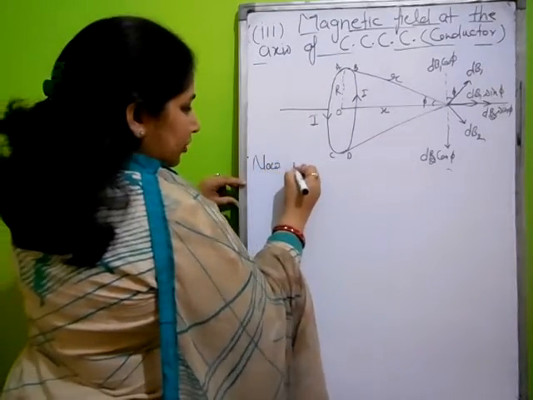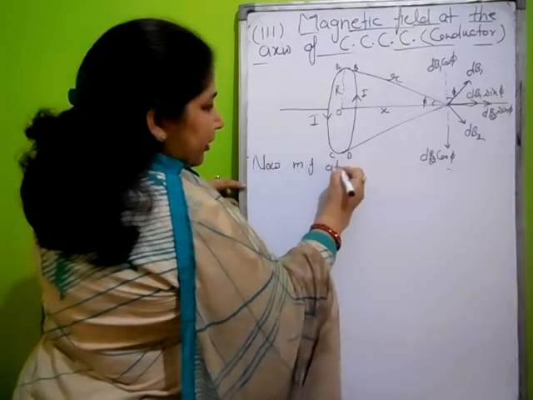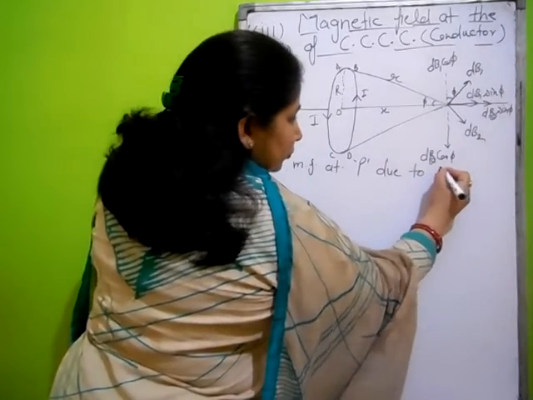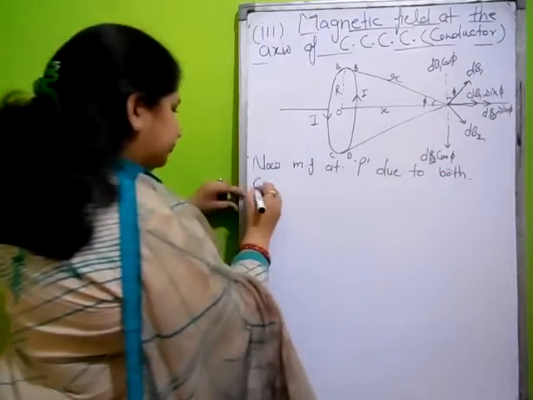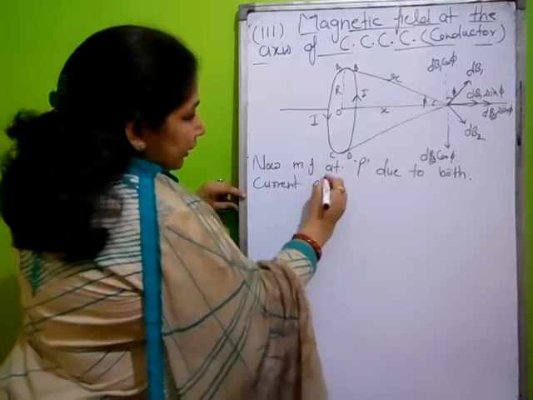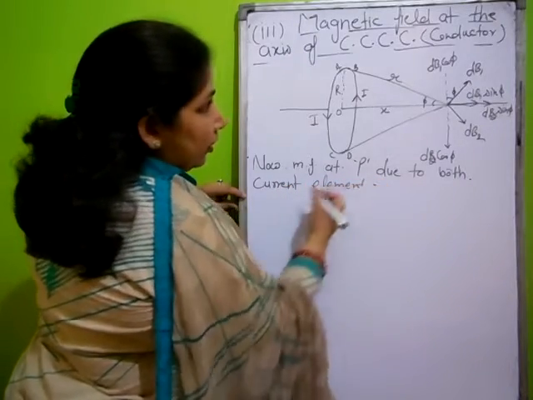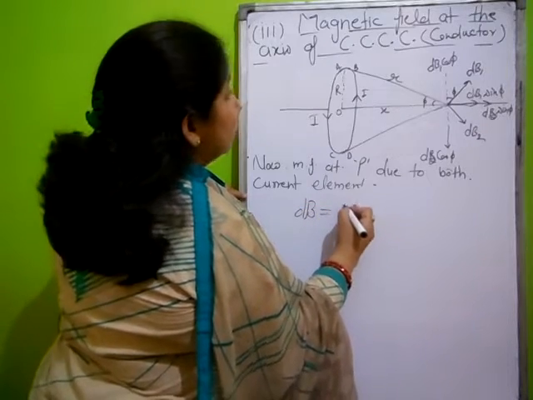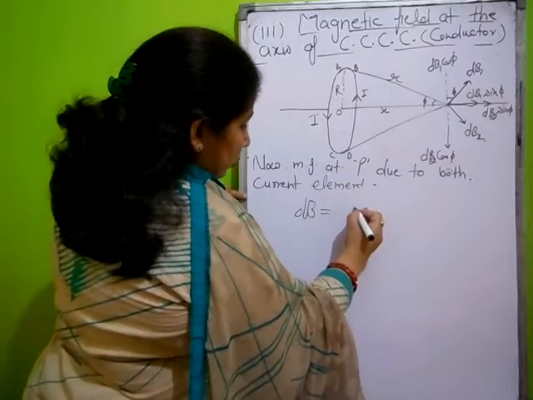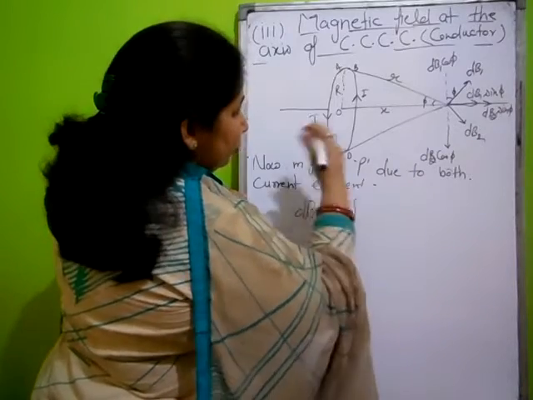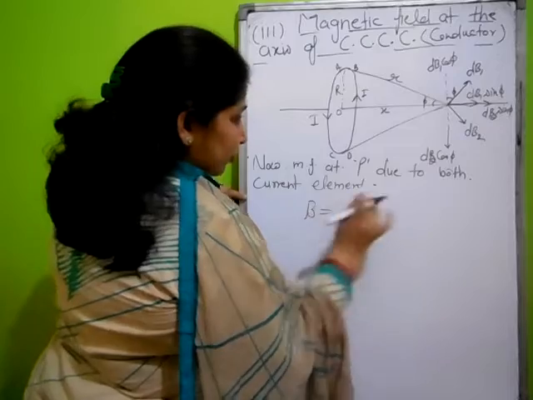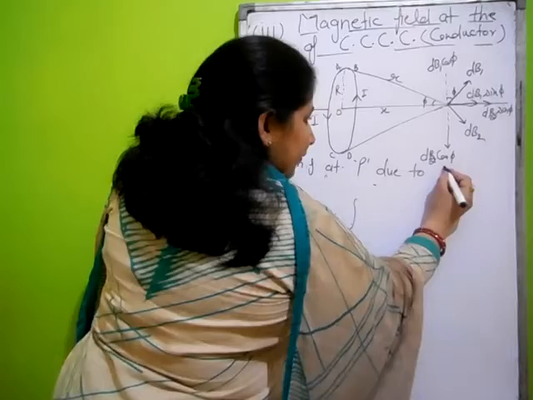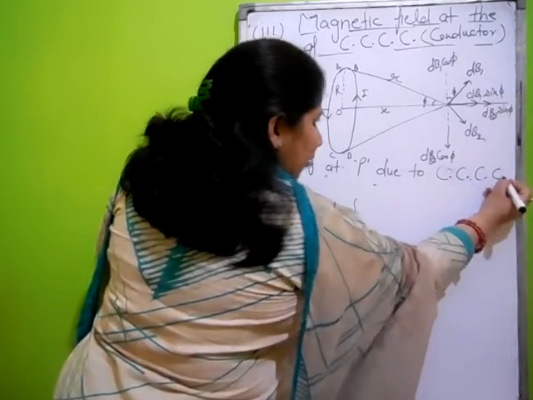Now, the magnetic field at P due to both current elements: dB is equal to the integration throughout the limit, due to the circular current carrying coil.